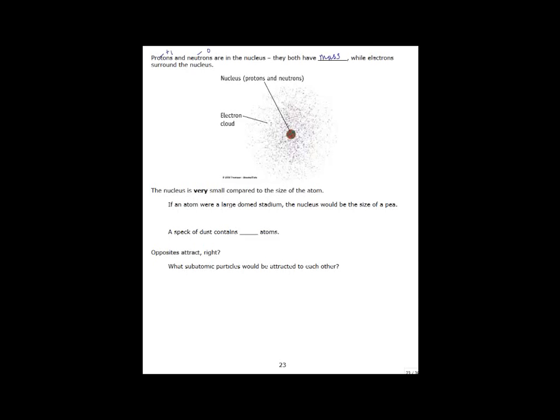Now remember the electrons have the negative 1 charge. So the nucleus is made up of the protons and neutrons. These have mass. And the electrons surround this nucleus. So they kind of spread out really far. It's a negative 1. So the nucleus of an atom is very small compared to the size of an atom.